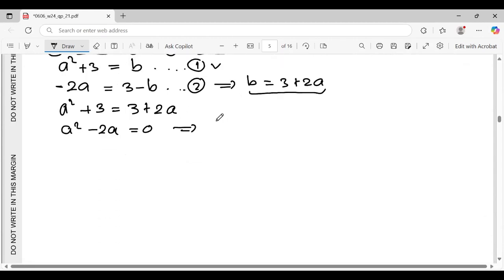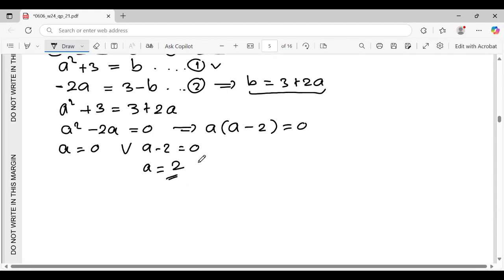And I would like to factorize. It becomes a times (a minus 2) equals 0. So a equals 0 is a solution, or a minus 2 equals 0, so a equals 2. Now we are going to check one by one. When a equals 0, b equals 3 plus 2 times 0, so b equals 3.